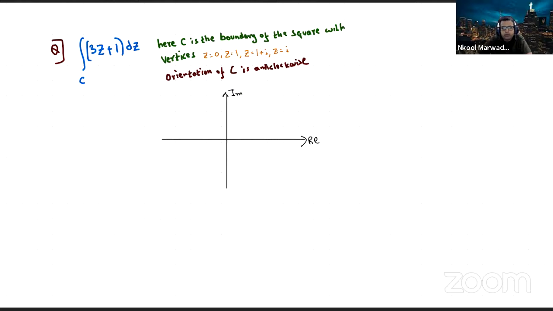Now we can plot the points given to us. z equal to 0 means it is 0, 0, the origin. z equal to 1 means the imaginary part is 0 and the real part is 1, so it is 1, 0.